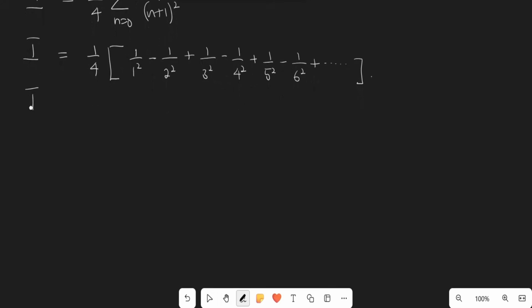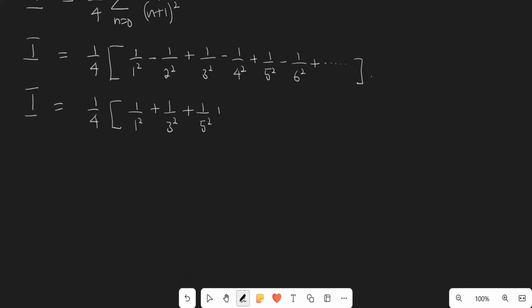Now let's group this one into even denominators and odd denominators, right? So this is 1/4 outside. Now let's put the odd denominators in one side. So we have 1 all over 1 squared. The next odd denominator is this one. That is going to be plus 1 all over 3 squared. The next is this. That is plus 1 all over 5 squared.